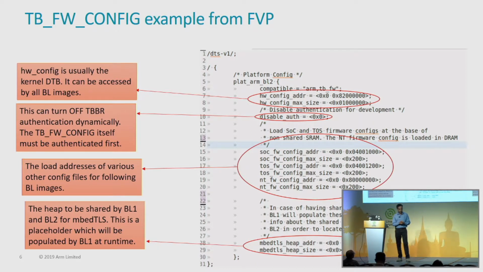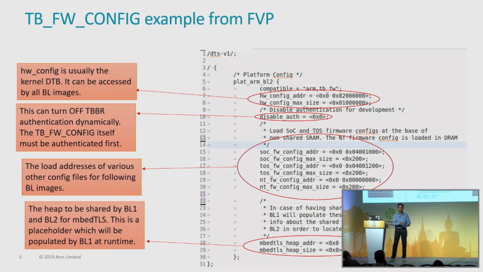Another benefit we gained out of implementing dynamic configuration was the ability to share the embed TLS heap. When trusted board boot is enabled in trusted firmware, we use the embed TLS library for doing the crypto operations. And both BL1 and BL2 need to use embed TLS library. Before dynamic configuration, we had no way of sharing the heap between BL1 and BL2.